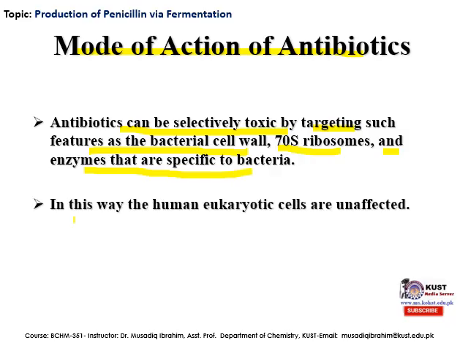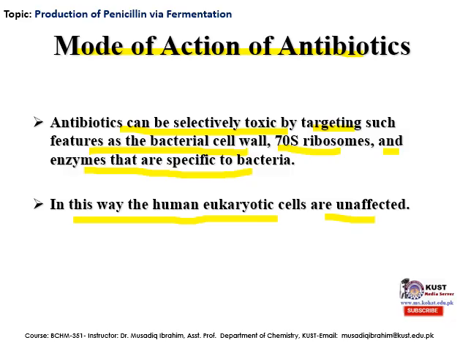Furthermore, in this way, the human eukaryotic cells are unaffected. So here we need to understand that when we are taking the antibiotics by mouth or by injection, what is happening is that the antibiotics are targeting the bacterial entities.